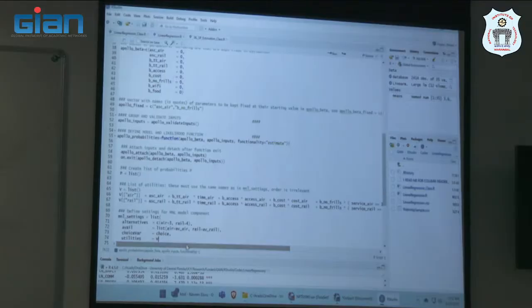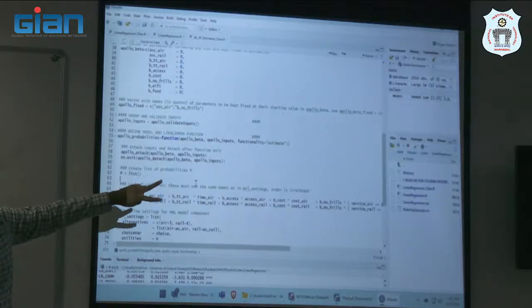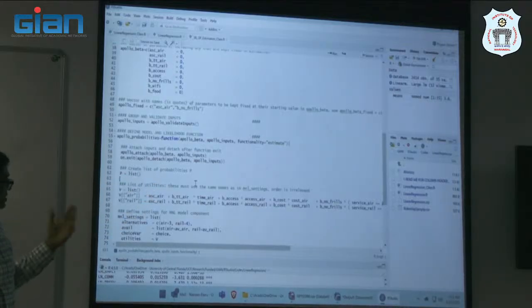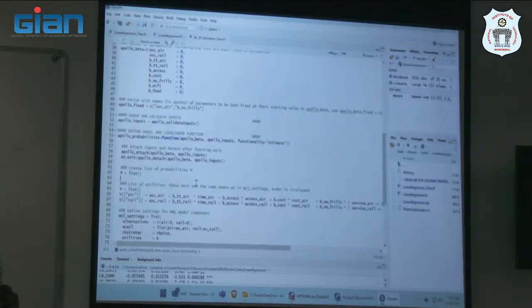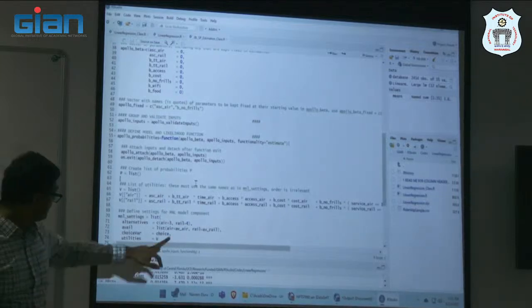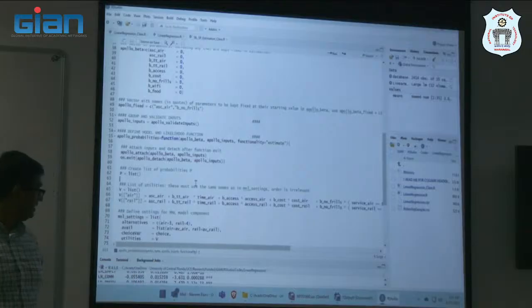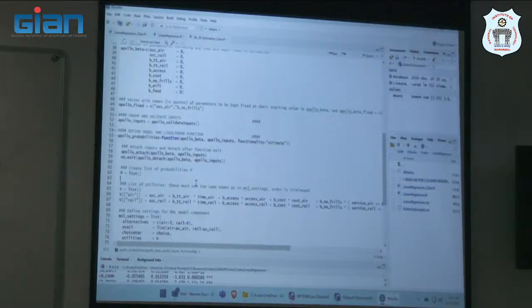These are all the variables that I am giving. Again, you just select the code and run, but it is for these two alternatives. Now here you can again change the coefficient if you need to, but I want you to just run and look at the data. So we're using air and rail as alternatives.